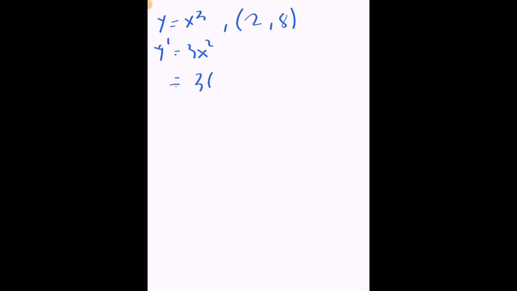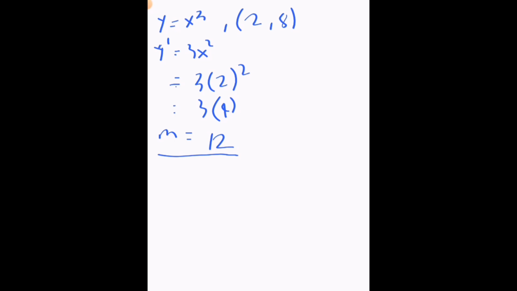So we will have 3 times 2 squared. 2 squared is 4, so we will have the slope 12. This is the slope of the tangent line. However, our goal is to find the equation of the normal line, and the slope of the normal line is the negative reciprocal of the slope of the tangent line.